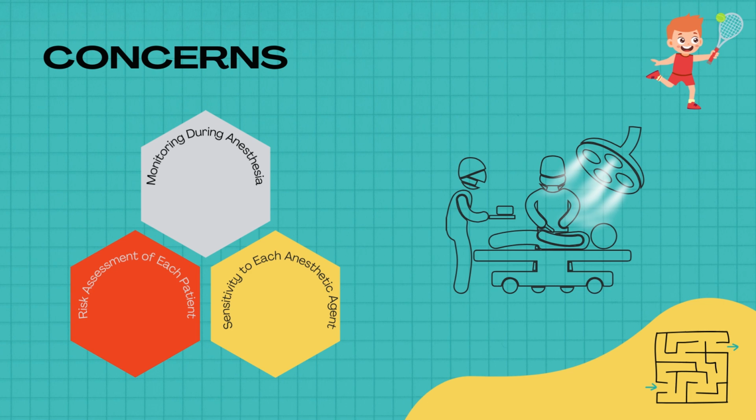That's when we pull out the big guns: advanced monitoring tools. Think of them as our special ops team. When the situation calls for it, we can bring in invasive arterial blood pressure measurement, transesophageal echocardiography, and central venous catheterization. They're like our superheroes, ready to handle anything.